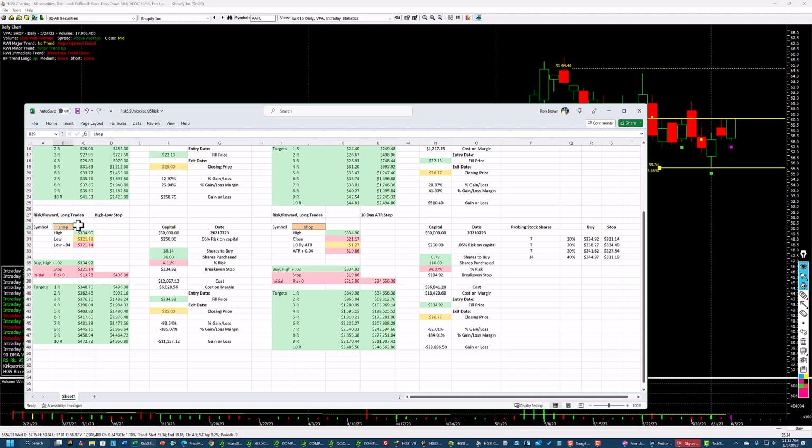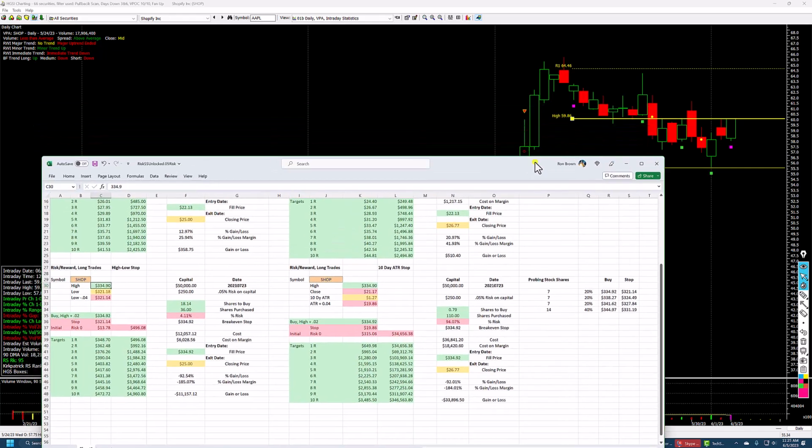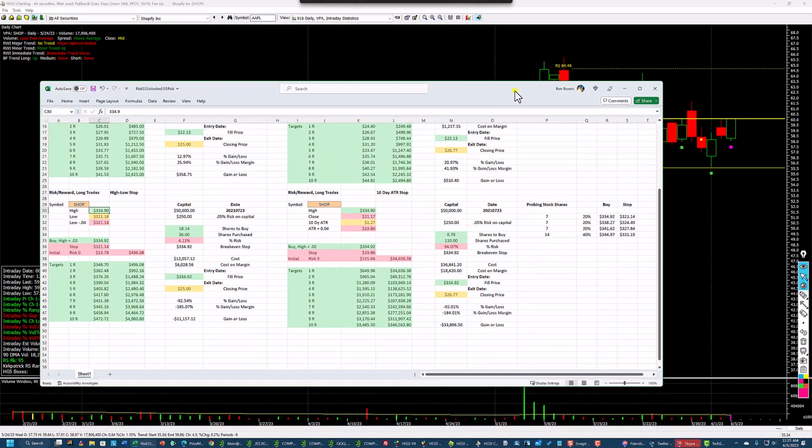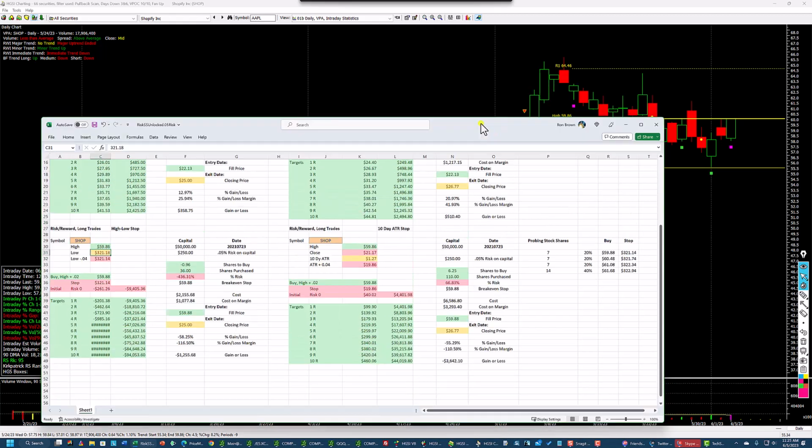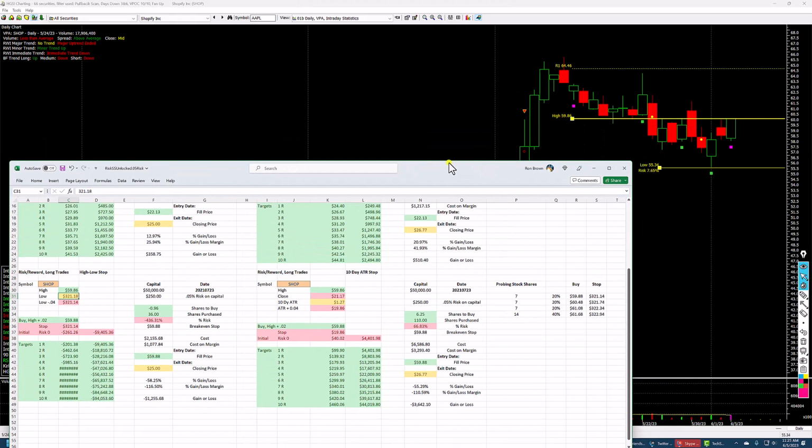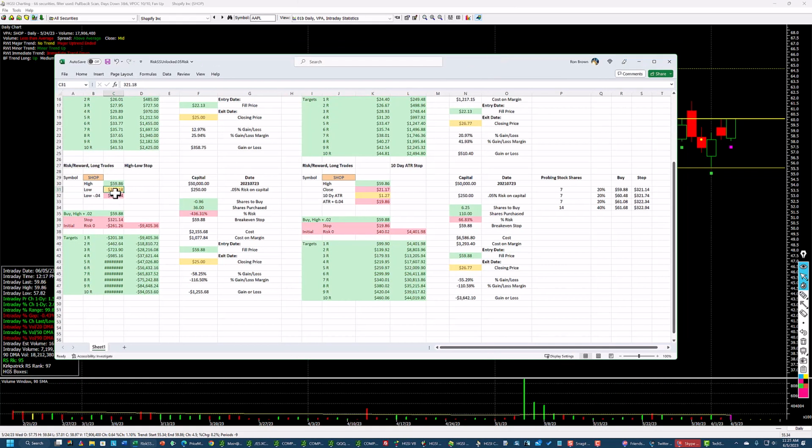Using these numbers, 59.86 and 55.34, I would only be allowed to buy 54 shares.